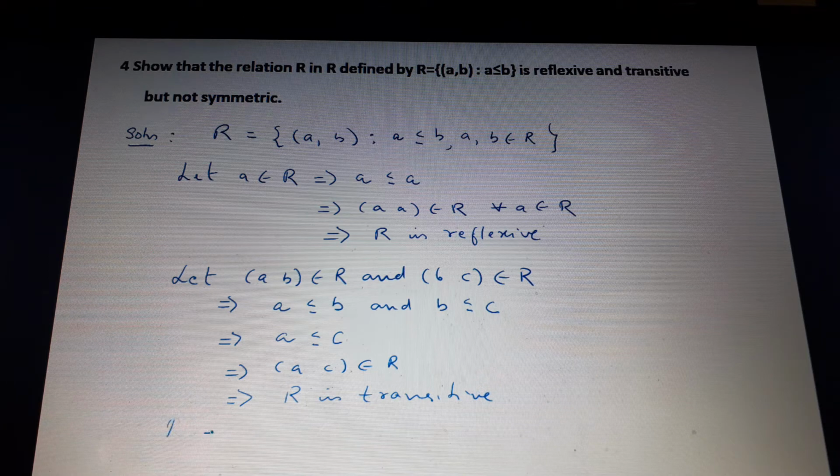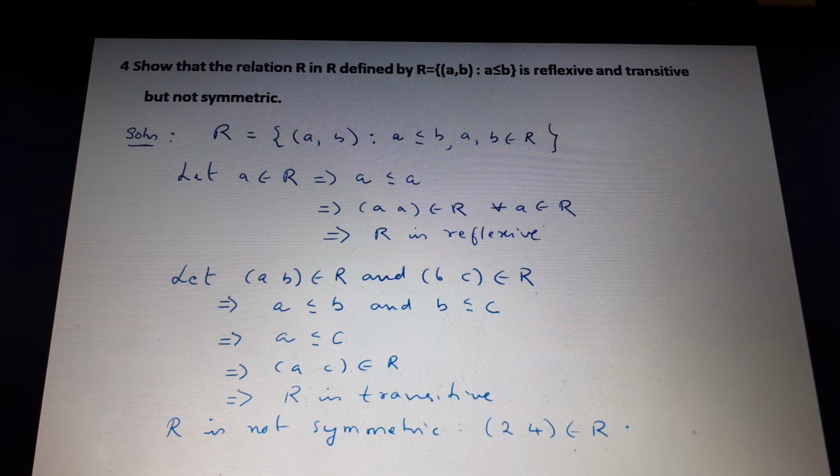Now let us take the last one. R is not symmetric. See, whenever you want to show not symmetric, produce one counter example. For example, (2, 4) belongs to R as 2 is less than or equal to 4, because the inequality holds true.